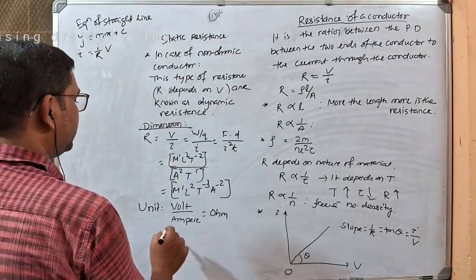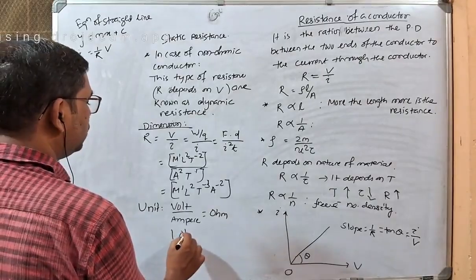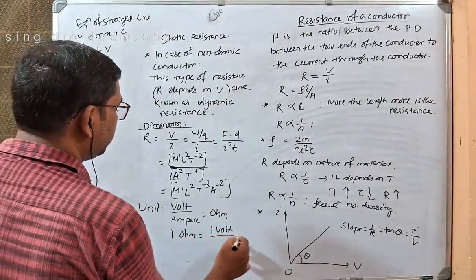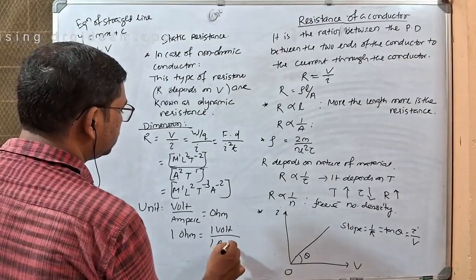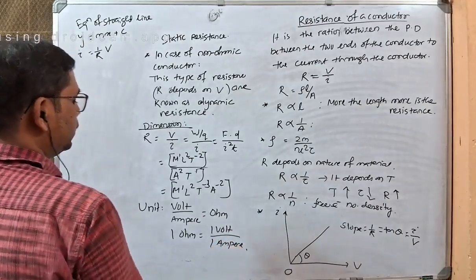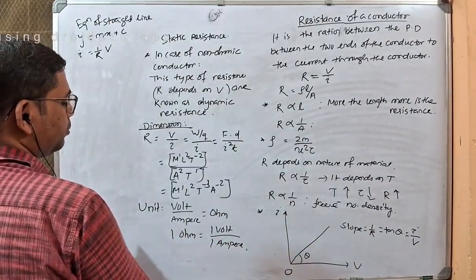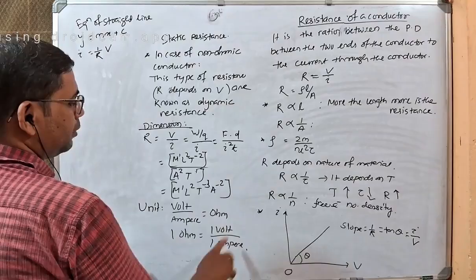So if I write 1 ohm is equal to 1 volt divided by 1 ampere, you can define what is 1 ohm from this relation.